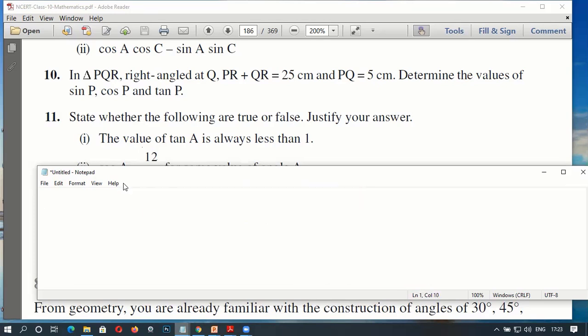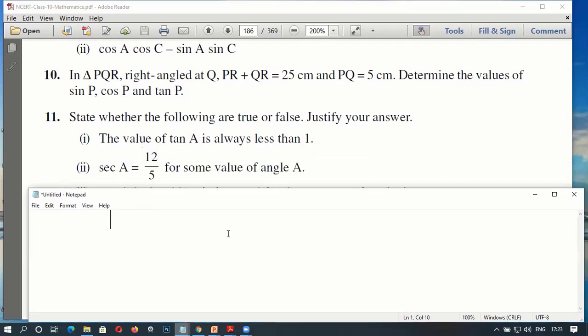Now look at the triangle perspective. What Nikhil was saying: suppose you make a triangle with P, B and H. What is sec given by? H by B, right? So hypotenuse is 12, base is 5.